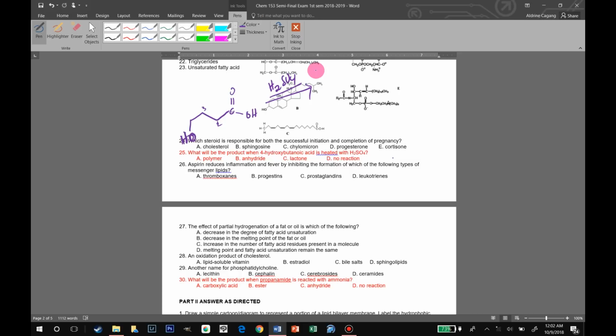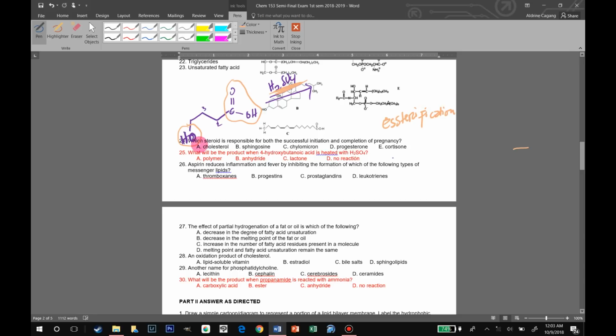It contains two functional groups: a carboxylic acid and an alcohol. If you could remember, there is a certain reaction that involves a carboxylic acid and an alcohol, especially in the presence of an acid catalyst, that is your esterification process.